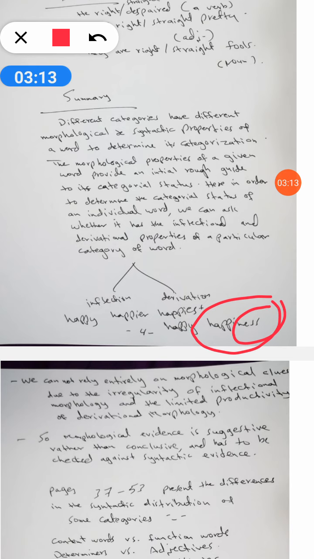The same thing for ous, as in famous. We can simply say that the word famous is an adjective because it ends with the derivational suffix ous, and the same thing for all derivational suffixes. That is to say, altogether, depending on the inflection and derivation, we can decide the category of the word.